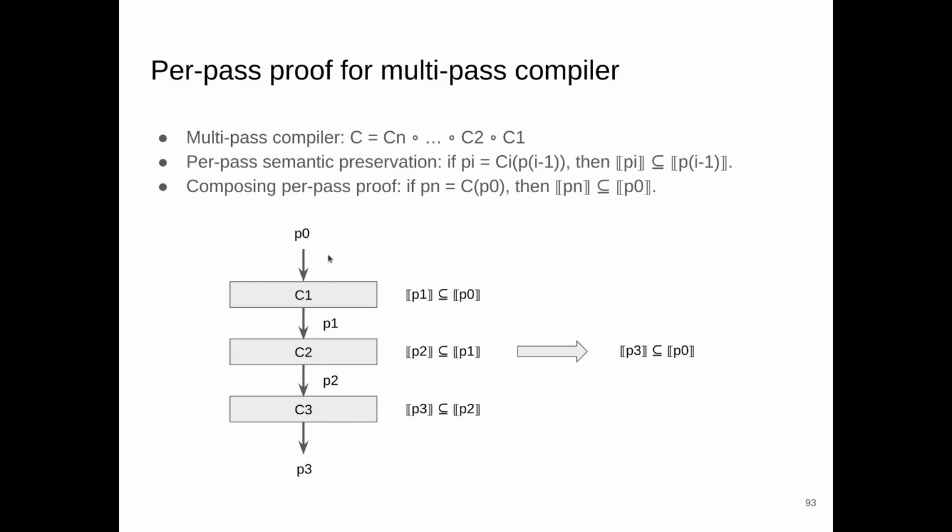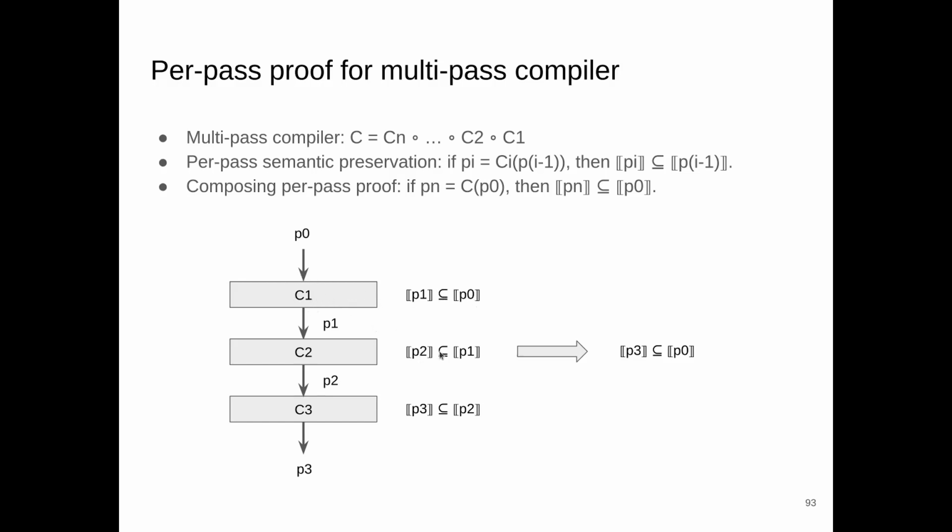And we don't need to establish the semantic preservation from P0 to P3 at once. It will be very difficult because the compiler consists of multiple passes. But what we need to do is prove each pass's semantic preservation. P1, which is the target of this pass, will have less or equal semantics than the source of this optimization.